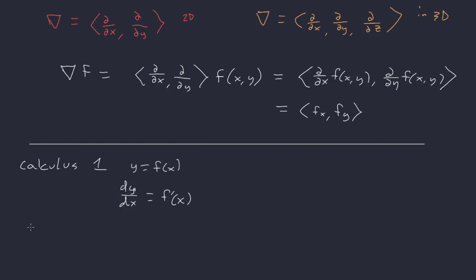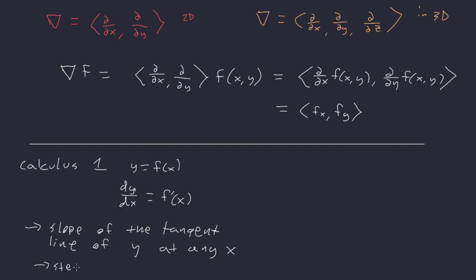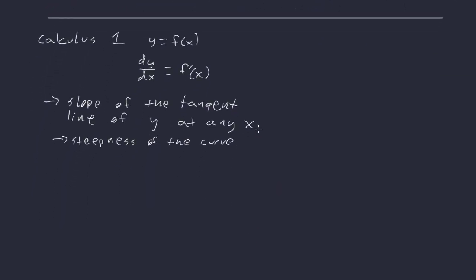For one, it is the slope of the tangent line of y at any x. That's one thing, which also essentially gives us the steepness of the curve at that point.